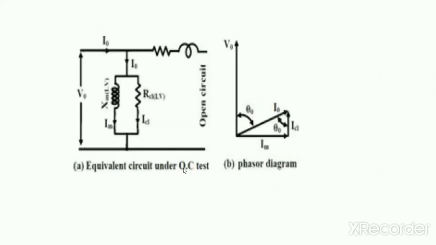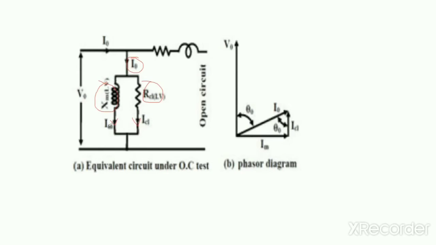Therefore, this is the equivalent circuit under no load test. This is the R naught and this is the X naught and this is the no load current, that is I naught. This I naught current is divided into two currents, Im and IW.